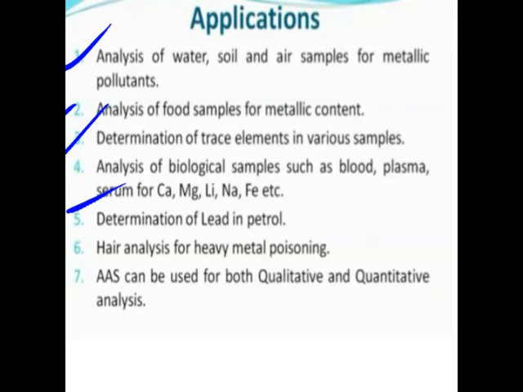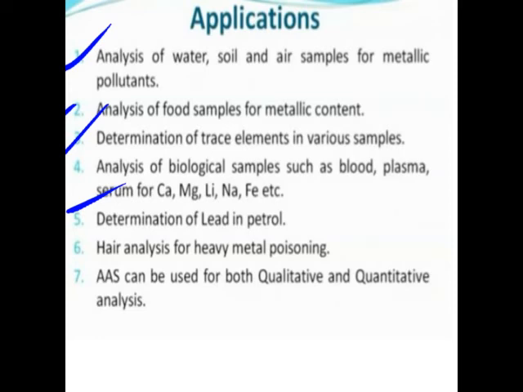So, metallic pollutants present in water, soil, and air. Second, the metallic content in food. Then any lead present in petrol we can determine. In hair, any metal poisoning we can determine.